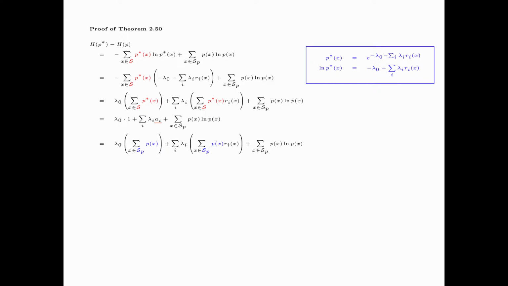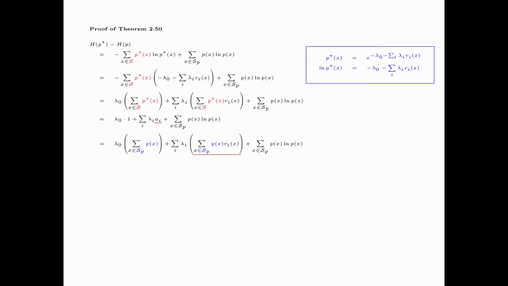And for this ai, we replace it by summation px times Ri of x over all x in SP, because p satisfies all the m constraints in equation 1. Note that we have already replaced p star of x in red by p of x in blue, and S in red by SP in blue.